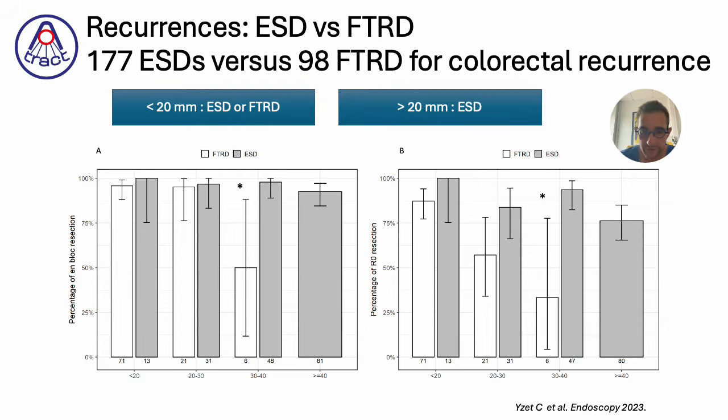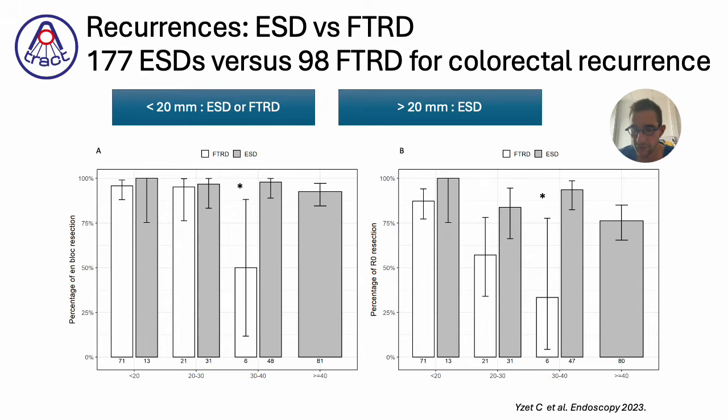Under 20 millimeter, the results are similar in the two arms. But when we go to more than 20 millimeter, we can see that the en bloc resection rate really drops with EFTR, and the R0 rate is significantly, clearly reduced above 20 millimeter and really clearly above 30 millimeters.